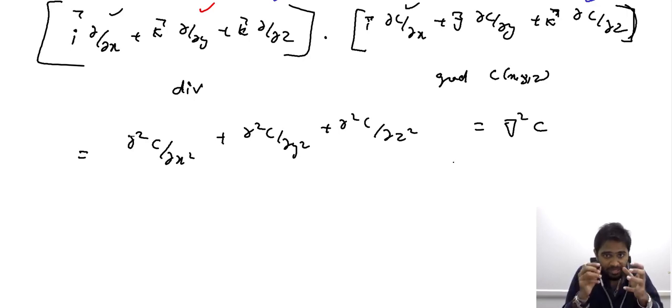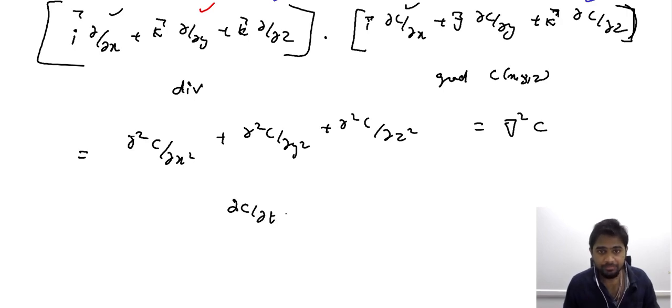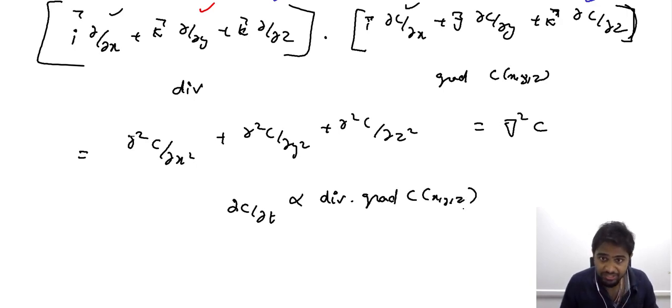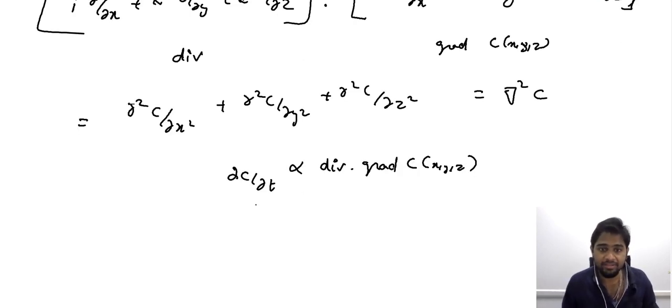In Fick's second law, the temporal evolution of concentration is proportional to the divergence of the gradient of the concentration in a heterogeneous system. Again, there is a negative sign which we should not forget, which comes from the convention.